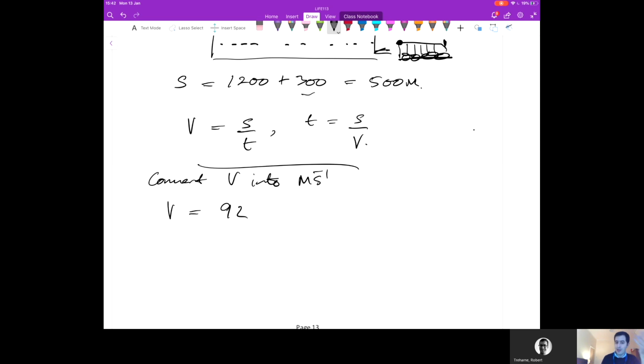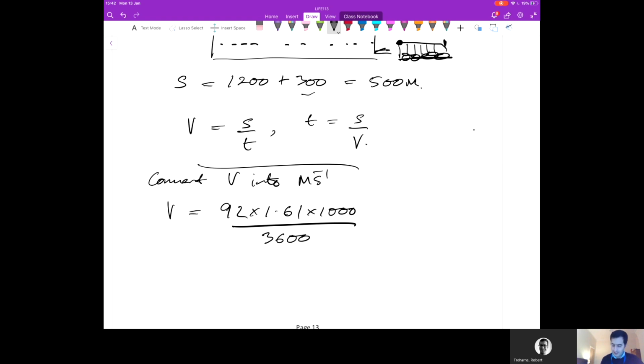To convert miles into meters, I've already given you that a mile is 1.61 kilometers. So 1 mile is 1.6 kilometers, and then to convert kilometers into meters, I've got to times that by another 1,000, because there are 1,000 meters in a kilometer. And to convert per hour to per second, I'm going to divide the whole thing by the number of seconds in an hour, which is 3,600.